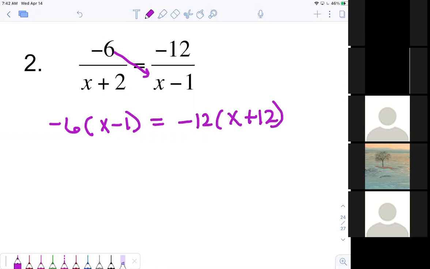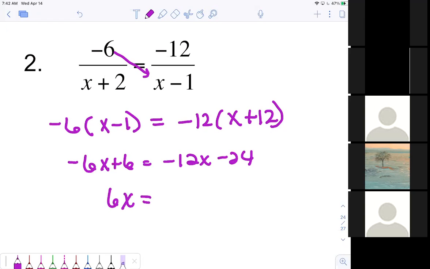And then if you distribute -6 and -12 through, what does that make, Grace? -6x plus 6 equals -12x minus 24. Perfect. So I'm going to add the 12x to the left, giving us a positive 6x. Subtract the 6 to the right, which makes a -30. And then x is -5.